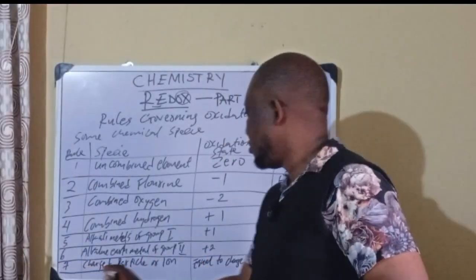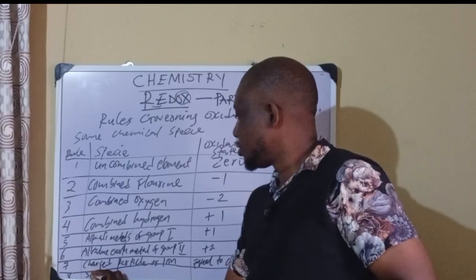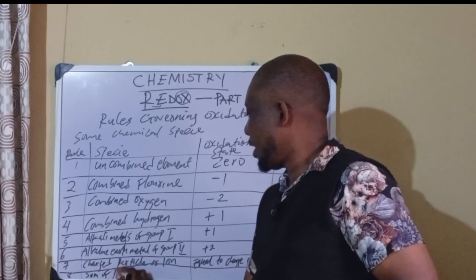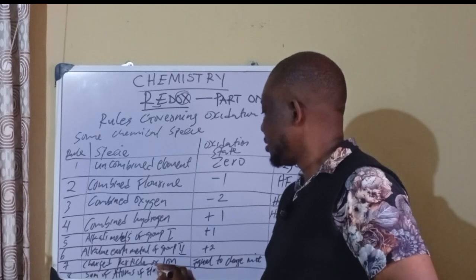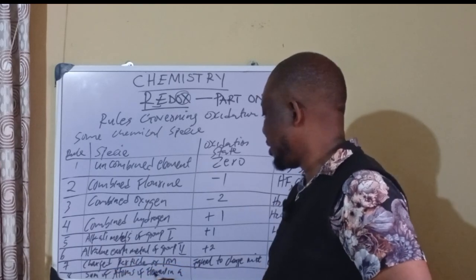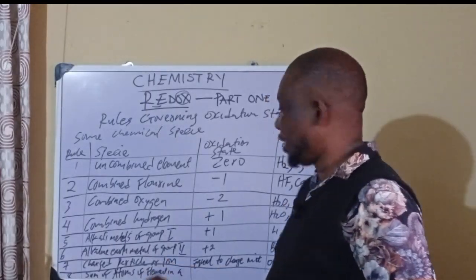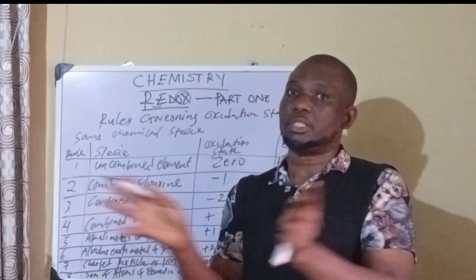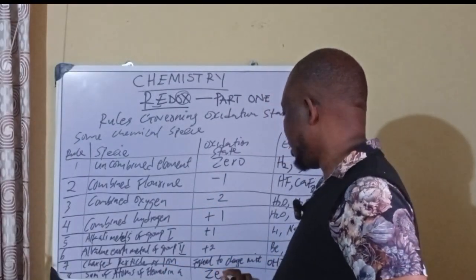So the last but not the least is rule number 8: the sum of the oxidation numbers of atoms of elements in a compound. If you sum all the charges of atoms of elements in a compound, that should give us 0.